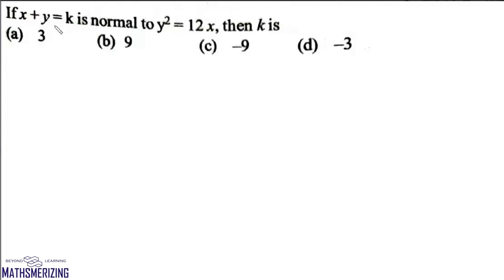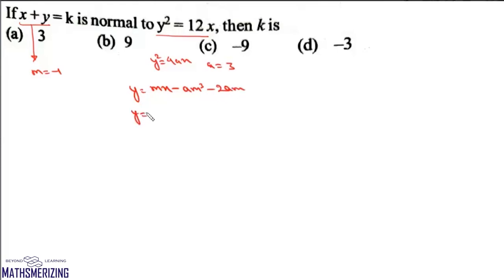Now let us consider some questions on normal of a parabola. It says, if x plus y equals k is normal to y² equals 12x, then find the value of k. Now we know that for this line the slope is minus 1, and for this parabola y² equals 4ax, the value of a is simply 3. So the equation of normal is y equals mx minus am³ minus 2am.